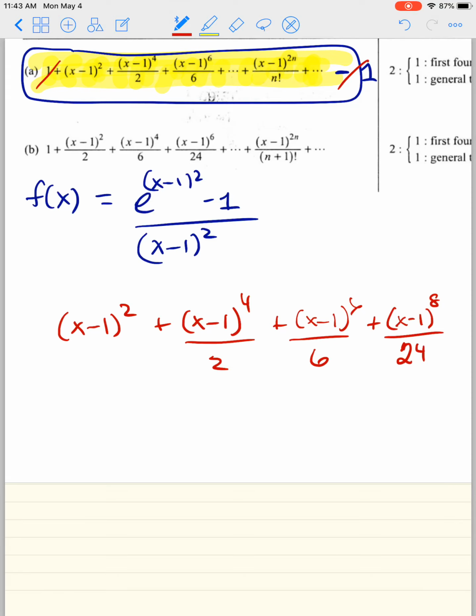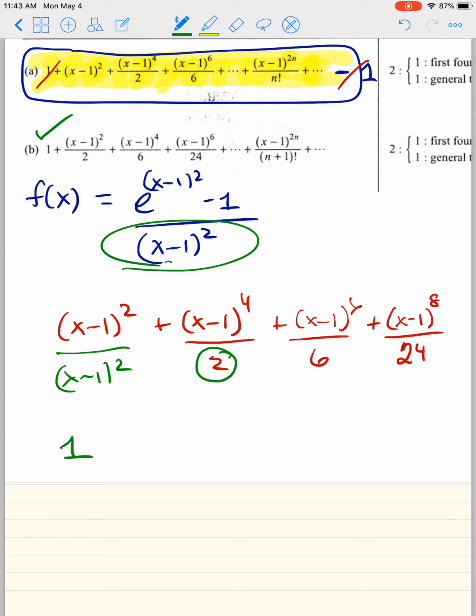And now I got to divide each term by this guy. Well, what is x minus 1 squared divided by x minus 1 squared? That's just 1, so that's him. What is x? So remember, this is just a coefficient. You could push it to the front. So I'm just going to push him out here. What is x minus 1 to the 4th divided by x minus 1 squared?